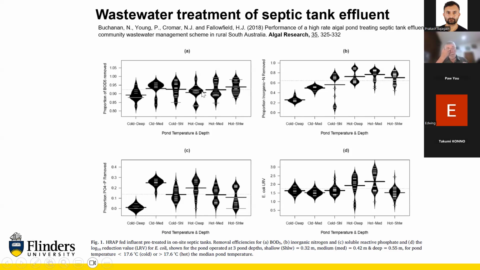Okay, okay with that? So what we were trying to do here was show that there was a lot of data collected over this period, and it was quite a robust data set. And the x-axis, pretty hard to get all the description, but all this data here is when the ponds were operated at temperatures less than 17 degrees.